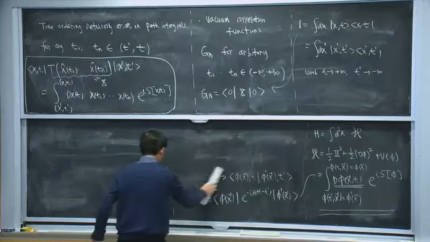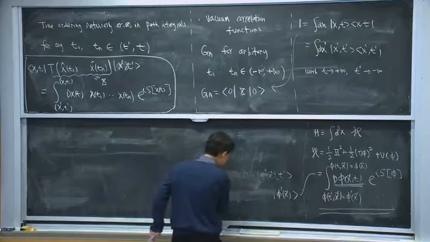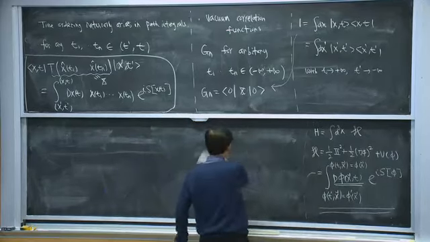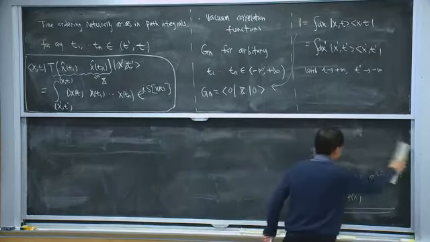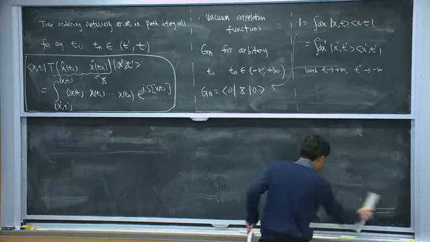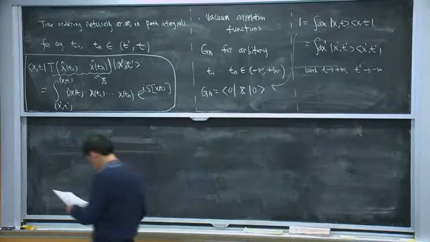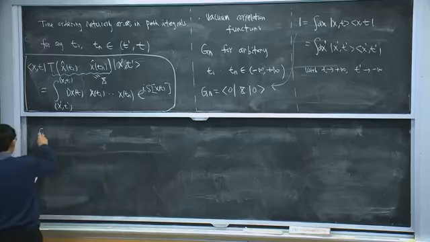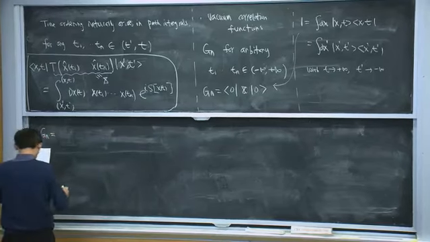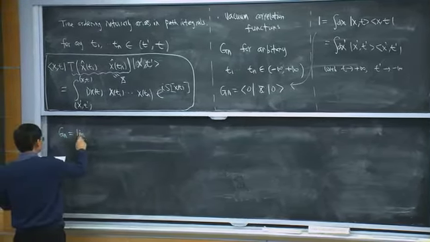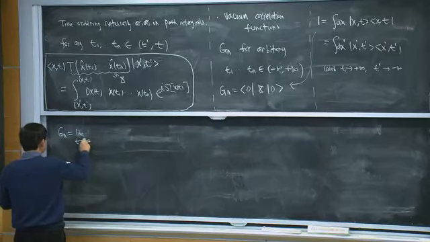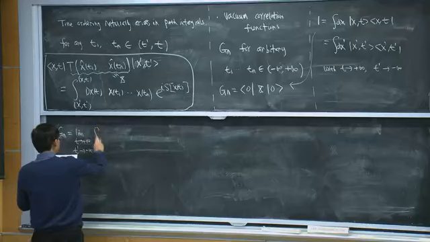In any case, you evaluate in any state, you can reduce it to the path integral by inserting these guys. So now we have Gn equal to the limit t goes to plus infinity, t prime goes to minus infinity, of the integral dx dx prime.